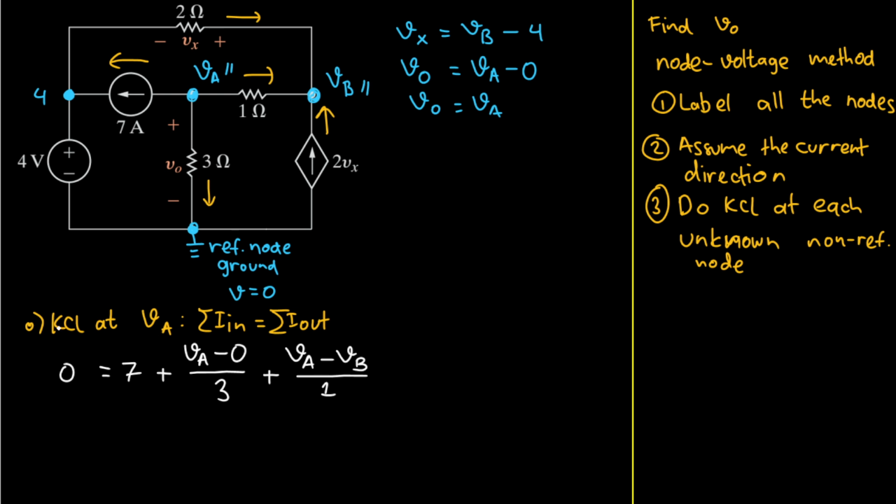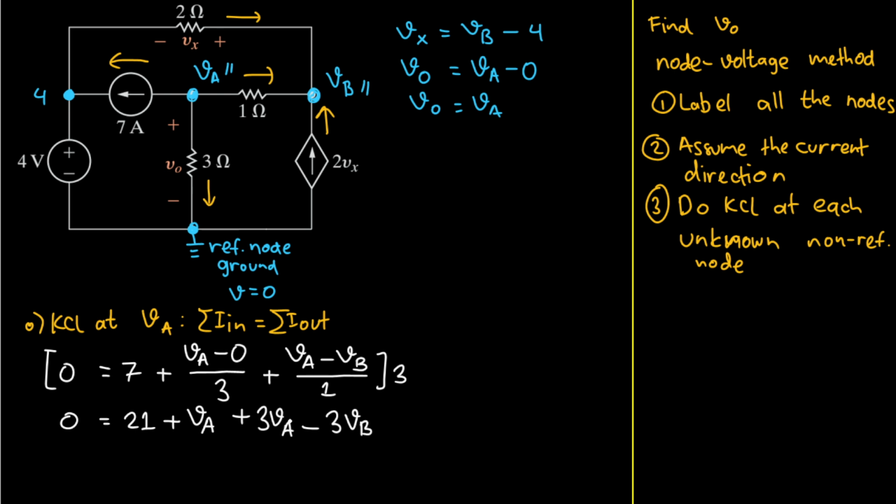Good. Now we can multiply both sides here by 3. On the left hand side I still have 0, and here I will have 21, and here I will have VA, and then plus 3 VA, and then minus 3 VB. Good.